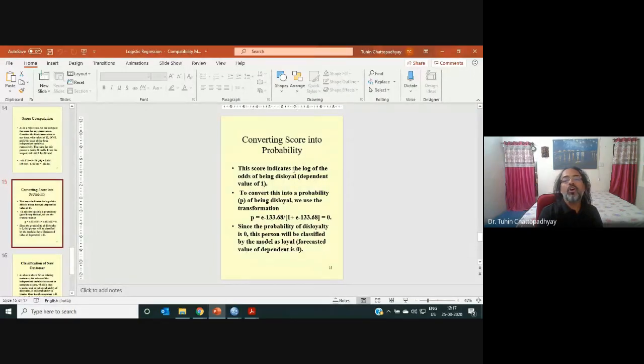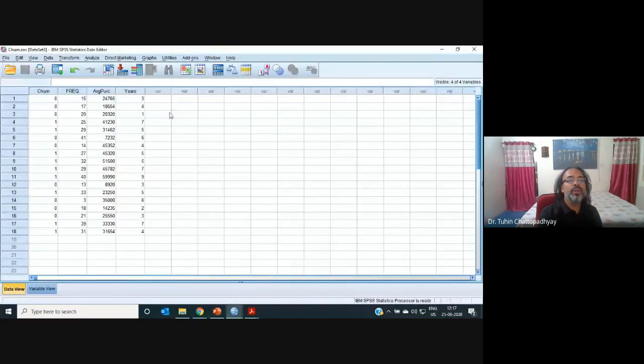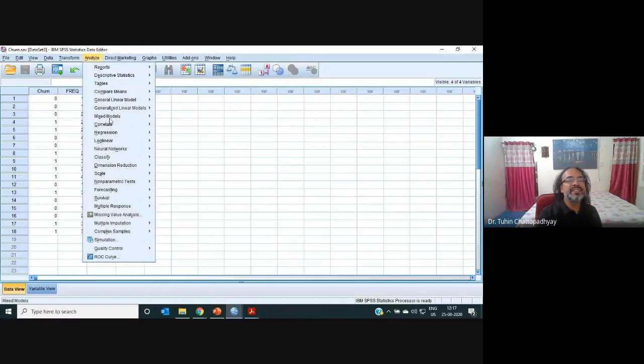To convert this into a probability, you compute P equals e to the power of the score divided by 1 plus e to the power of the score. With a score of -133, that comes to 0. You need not do it all manually. I'm just showing you how it is done manually to clarify the concept, but you can easily get these things done by software.